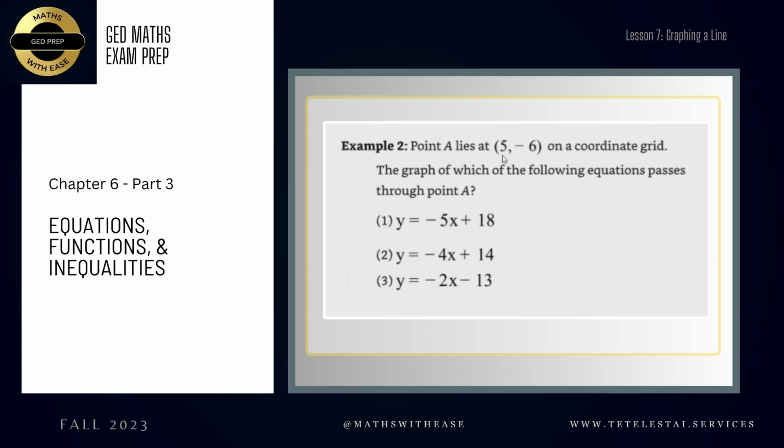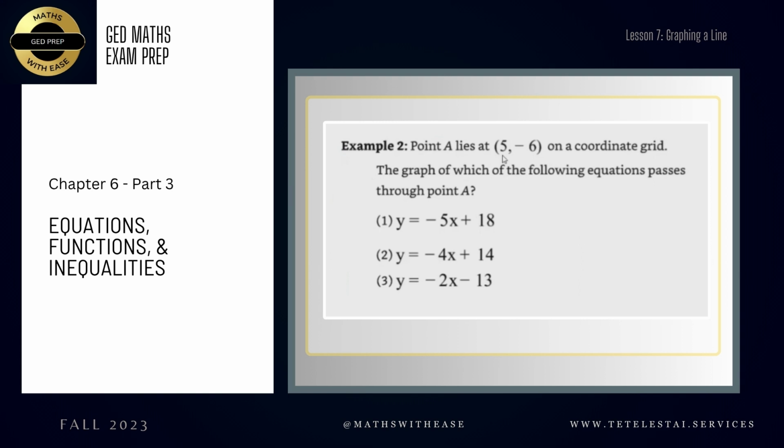So this ordered pair is letting us know that on our coordinate plane, if we move 5 paces to the right on the x-axis, we have to move 6 paces downwards on the y-axis. So when we plug 5 into one of these equations, y should equal negative 6.